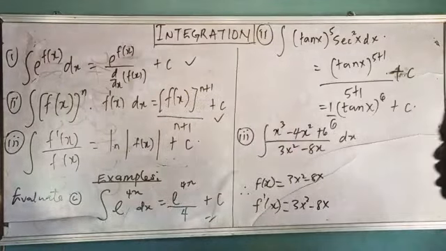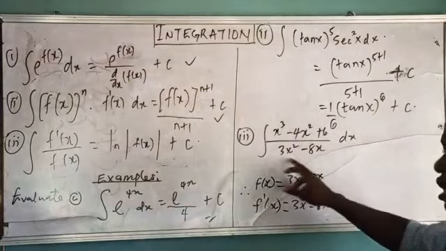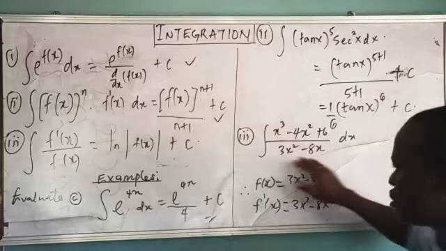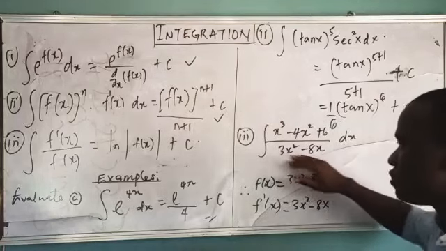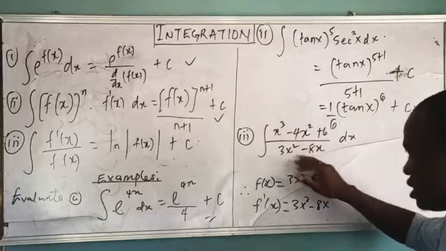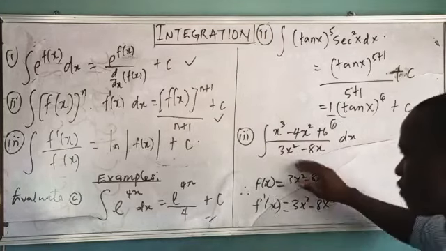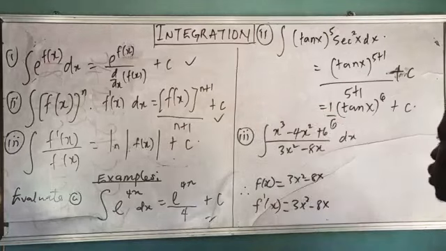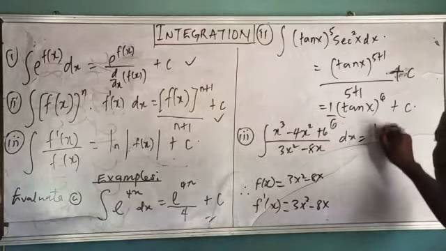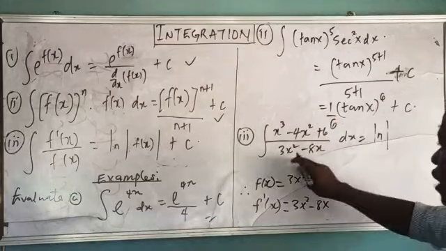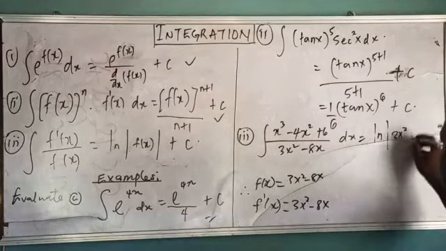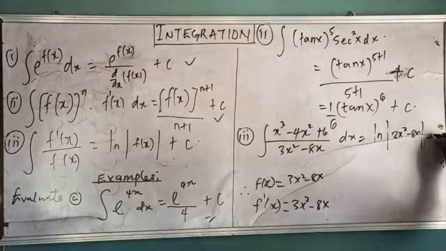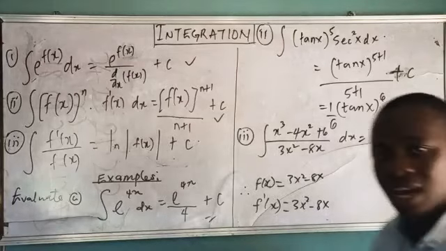So we have the differential coefficient of this bottom one, this denominator, at the top here. Automatically we have ln of f of s, that is ln of 3s squared minus 8s, plus c. And that is the final answer to that.